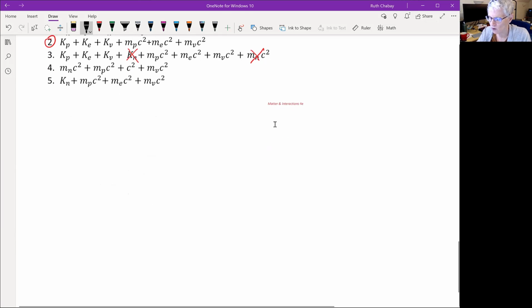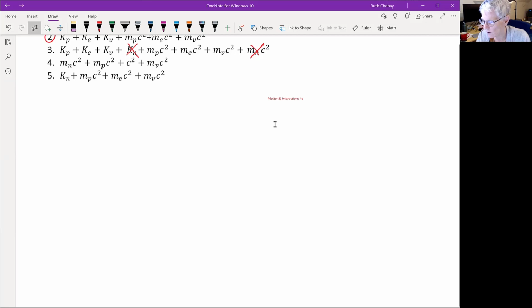Now we're ready to write this equation out. E final equals E initial plus work done by the surroundings, which is 0. We had here the kinetic energy of the neutron and the rest energy of the neutron.